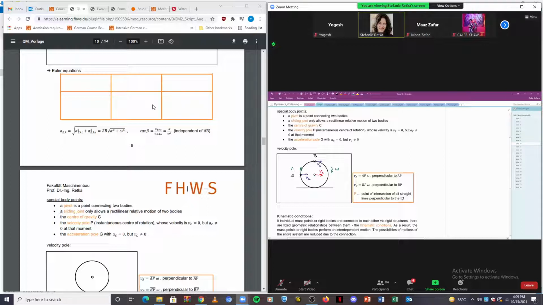That's v_AC, because A rotates about C. Same for point B. B rotates about C: v_BC. And then we can build the absolute values by superposition of these vectors.